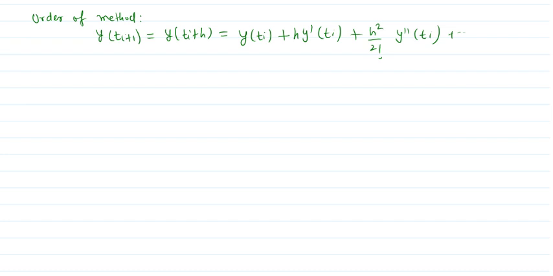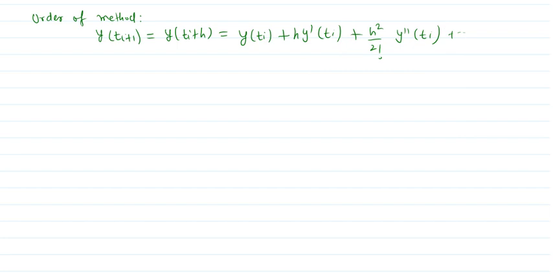If I cut this series at the first derivative, then I say this is a first order method, and if I cut the series at the h squared second derivative term, I say that this is a second order method, and so on. So what is order?